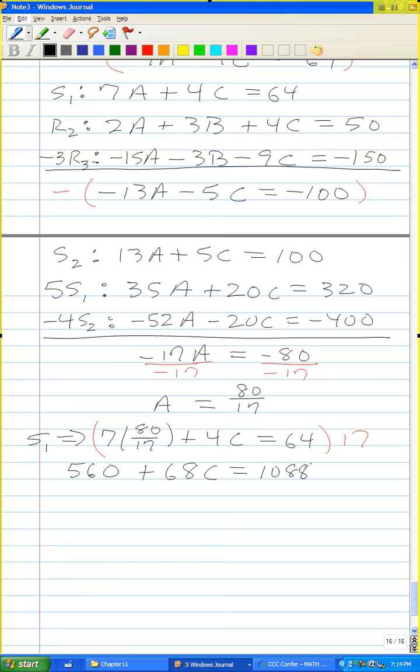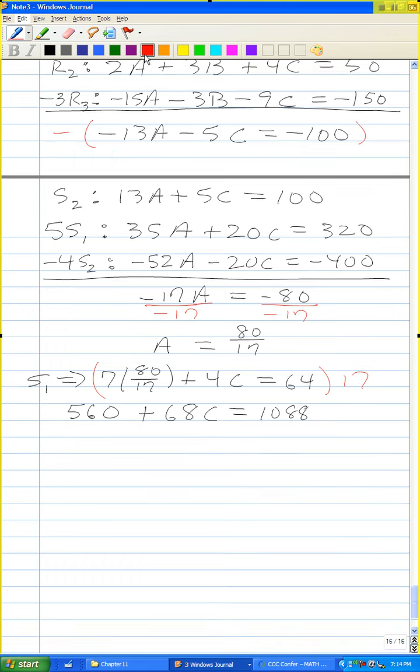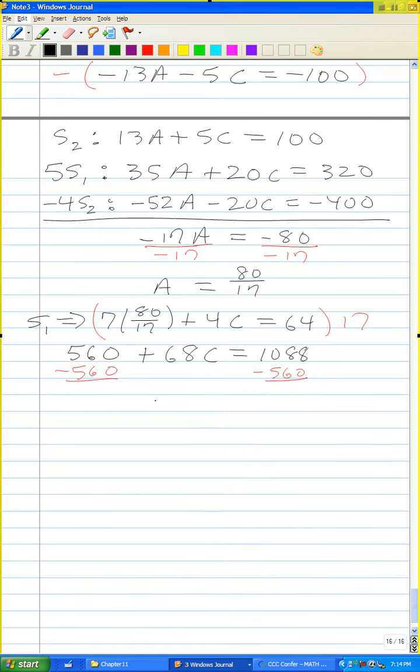Subtract 560 from both sides of your equation. So you get 68C is equal to 528.